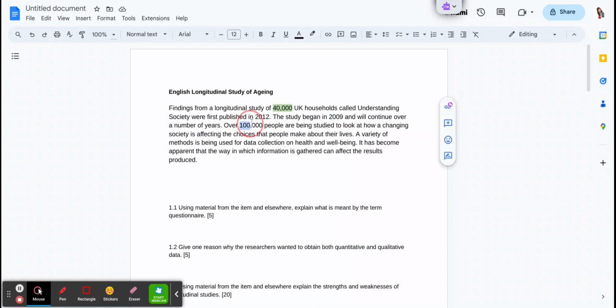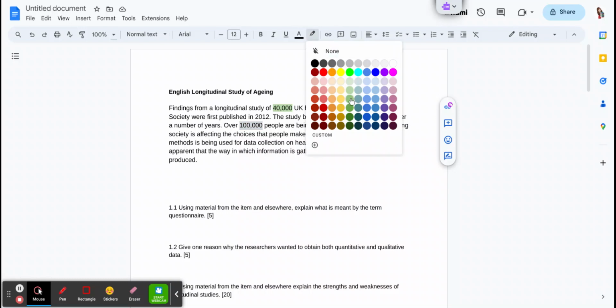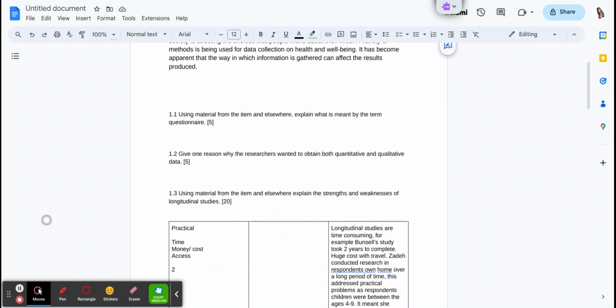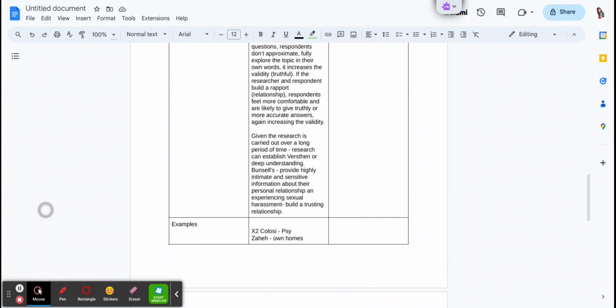Over 100,000 people are being studied to look at how a changing society is affecting the choices that people make about their lives. So they've mentioned a number now twice. A variety of methods is used for data collection on health and well-being. It's become apparent that the way that information is gathered can affect the results produced. So, given it's got really large samples, that's what I'm going to put in the rep and gen paragraph.